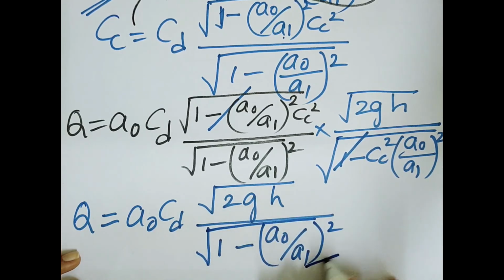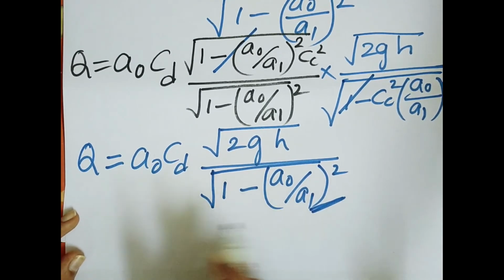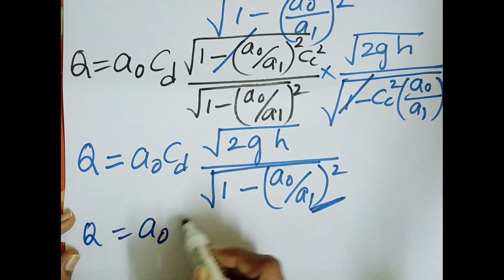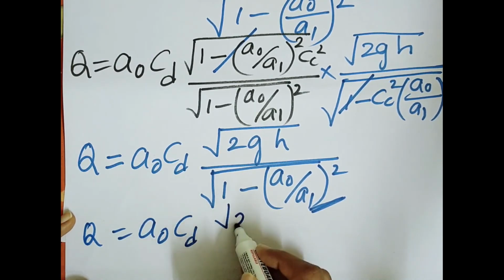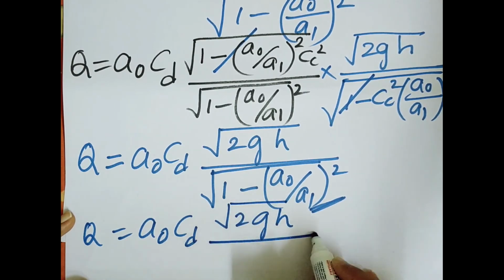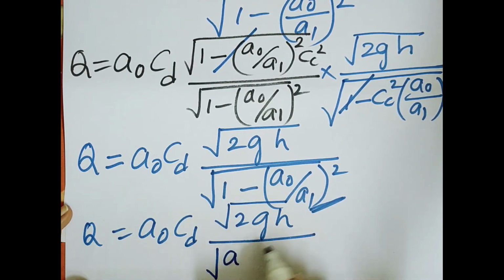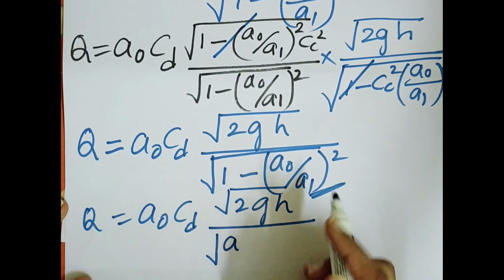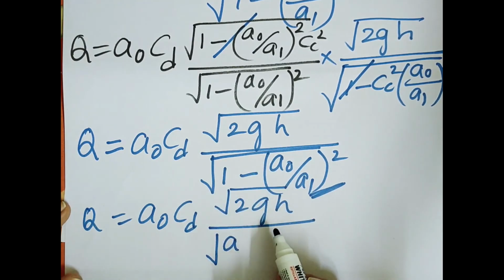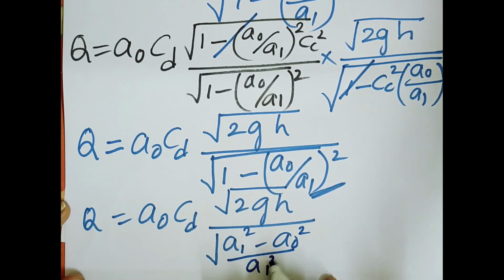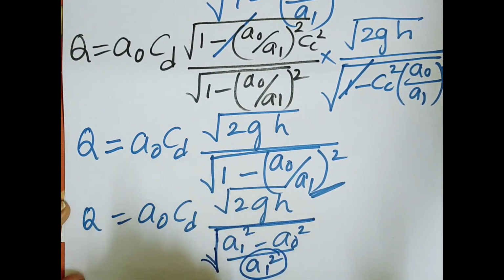If you simplify this denominator, you will get Q is equal to A0 Cd root 2GH divided by square root of A0 square by A1 square. I am writing directly: if you simplify the denominator, you will get A1 square minus A0 square divided by A1 square. You can take this A1 square out of the square root, and it will go to the numerator.